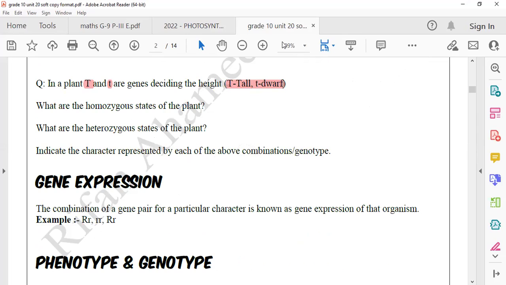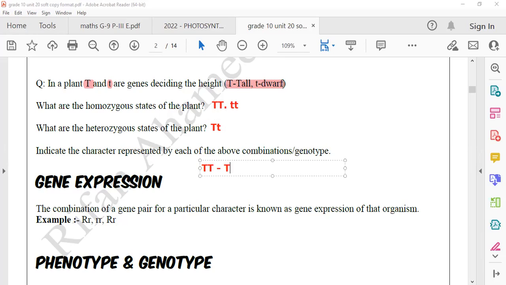Homozygous nature. What are the homozygous combinations? Capital T, capital T, and simple t, simple t. Heterozygous: capital T, simple t. In that case, if it is capital T, capital T, what kind of plant are you expecting?